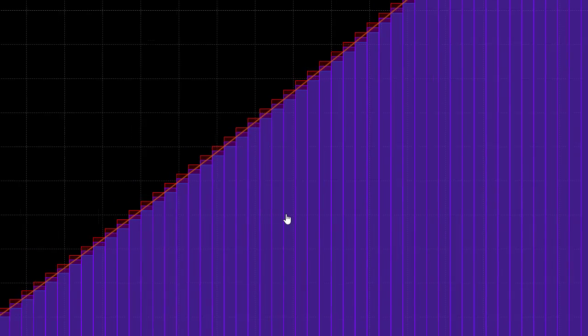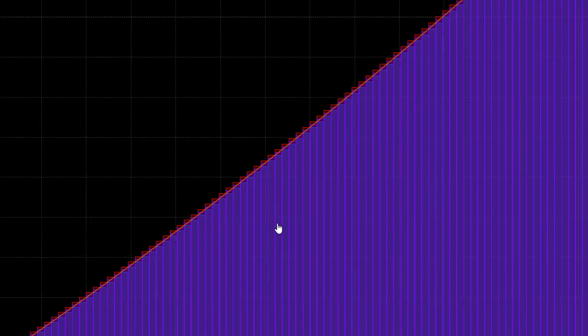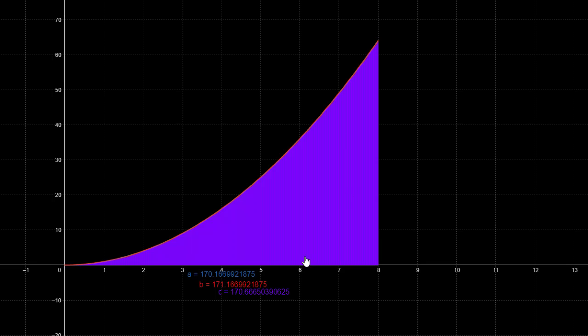This is n equal to 64 versus n equal to 512 when we're zoomed in. But the main idea is that if you squint at this, it just looks like the area beneath the curve itself. So the more rectangles we have, the closer we're going to get.